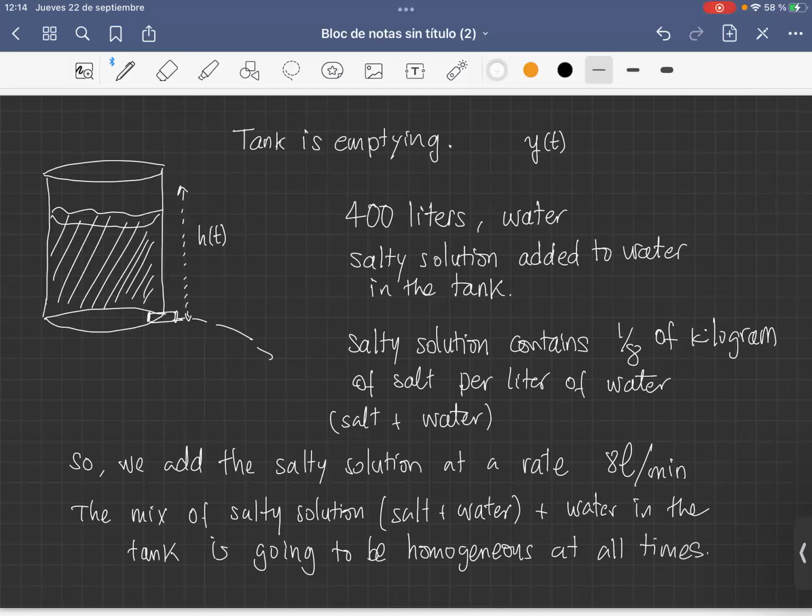So basically it's uniform, so we don't have to focus on anything local. Okay, so this is the problem.